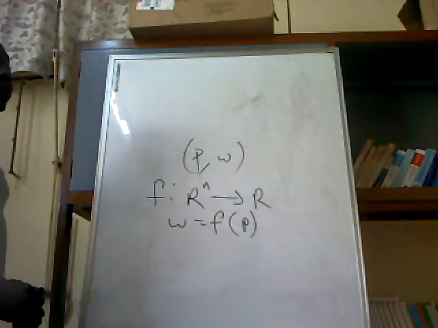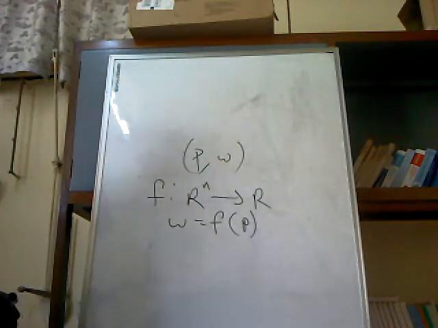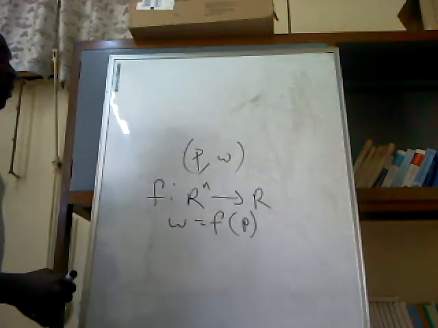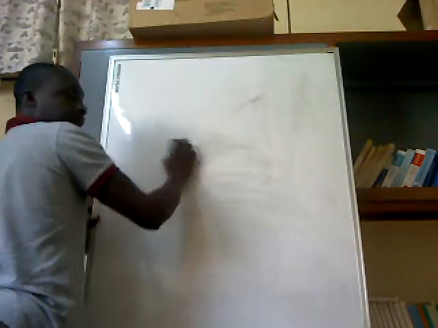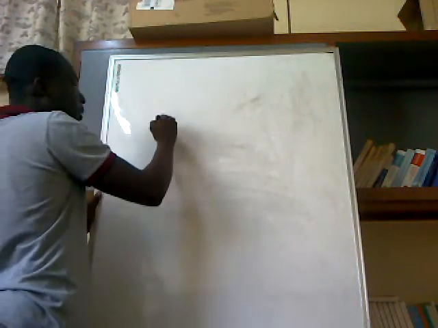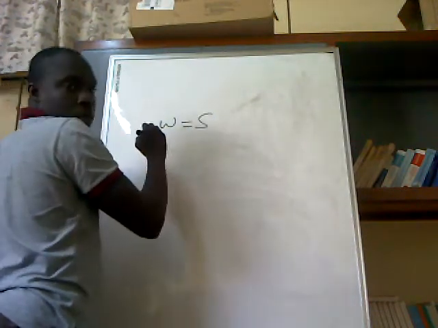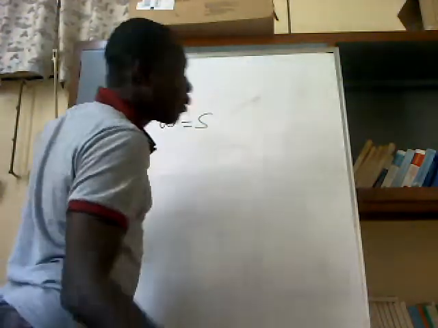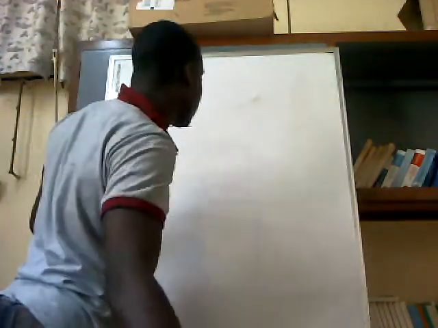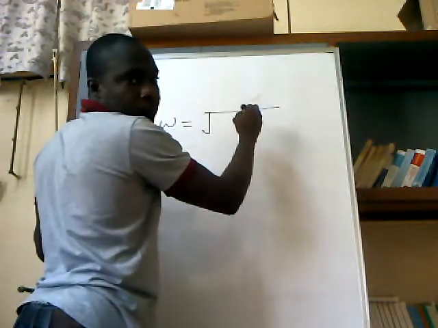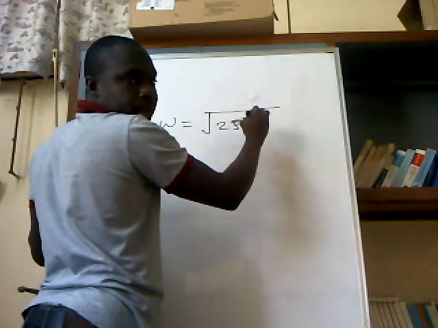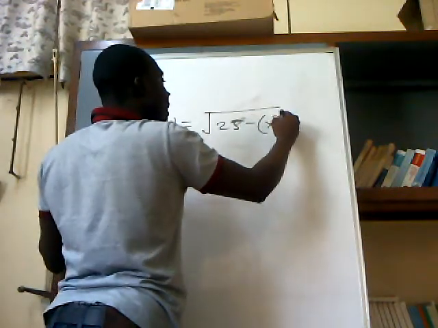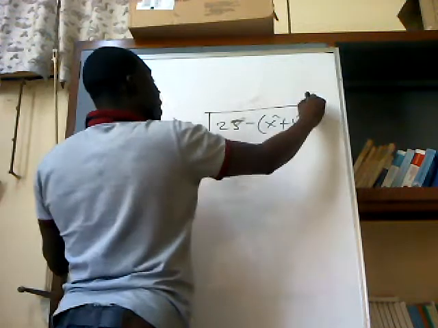Okay, so let's look at the function W is equal to the square root of 25 minus x squared plus y squared.